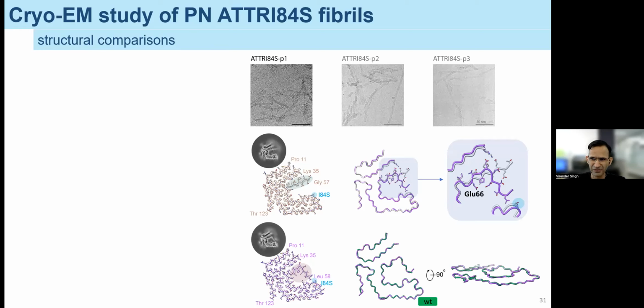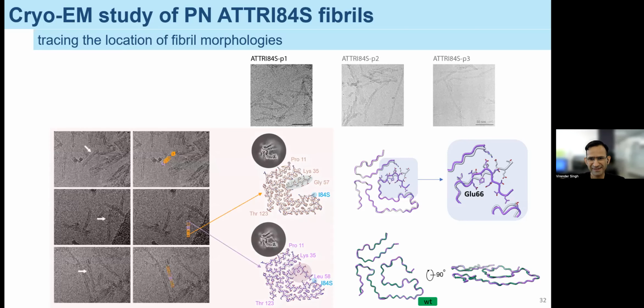In the case of isoleucine, there is an interaction which holds this arm, but due to the mutation, this arm is loose and there is a twist at residue glutamate 66, and the conformation is completely different. That leads to different interactions in this area. So the polar channel is now open in this case, and this is the first polymorph for ATTR that has been reported.